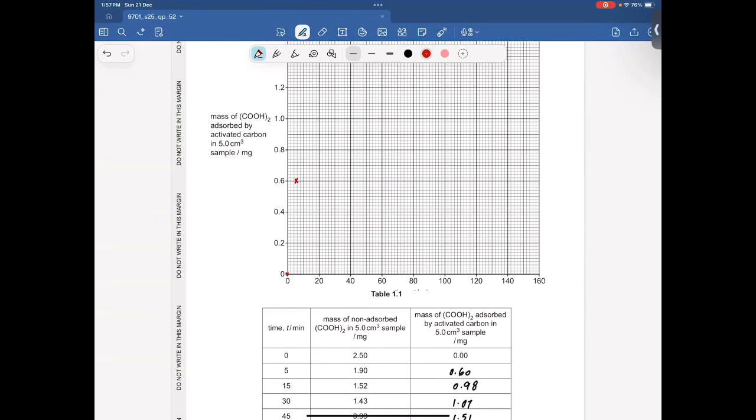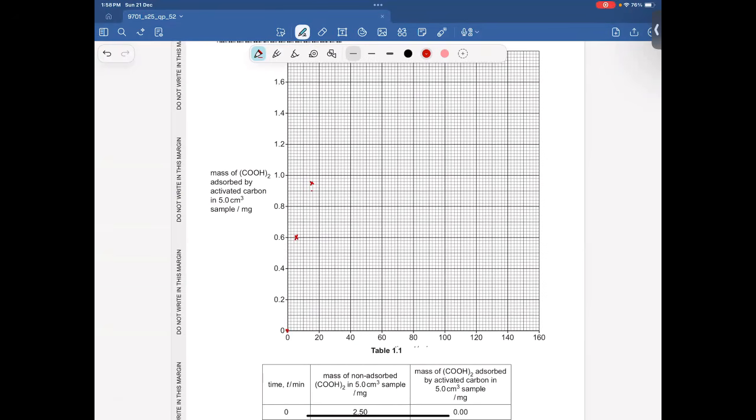At 15 it is 0.98. This is 0.9 and this is 0.98, somewhere here. Okay. Then at 30, it's 1.07.